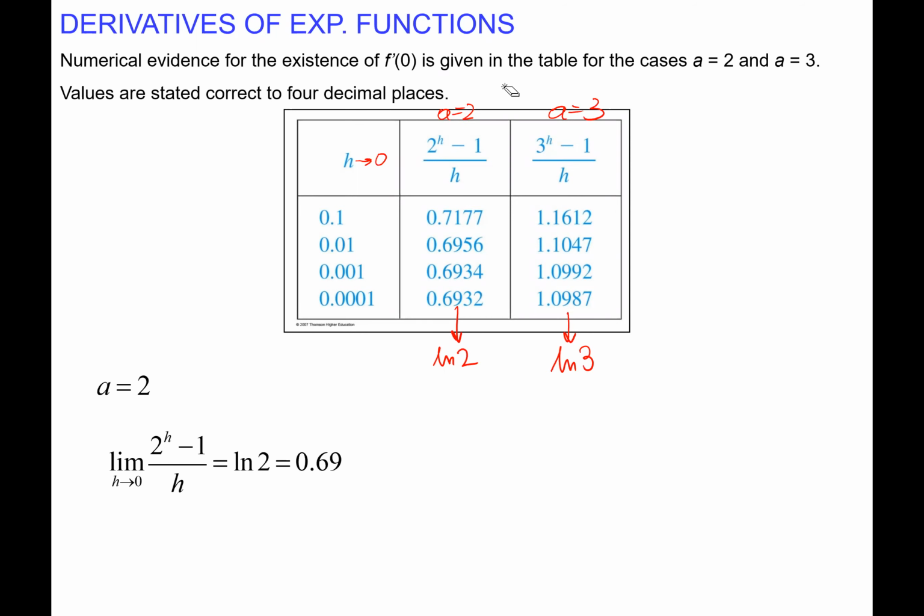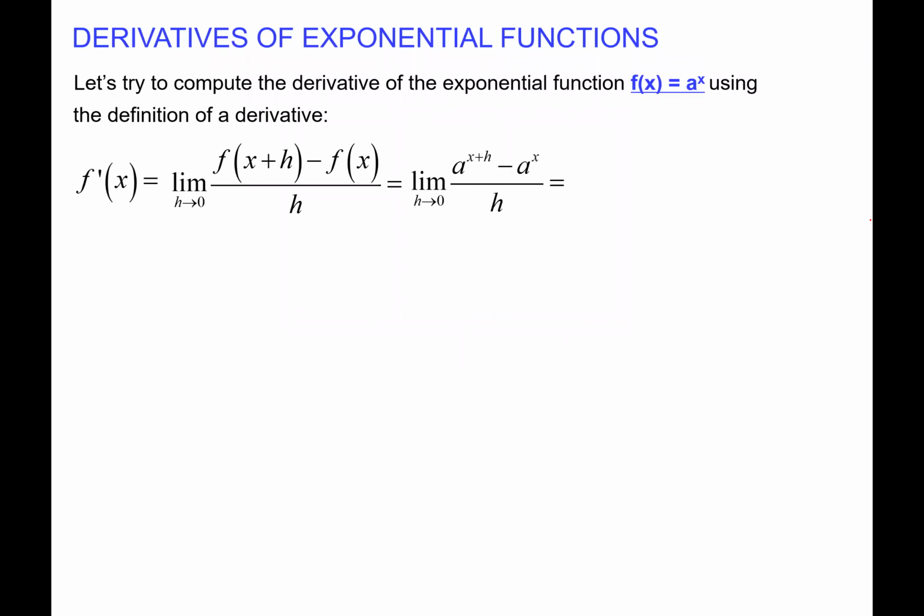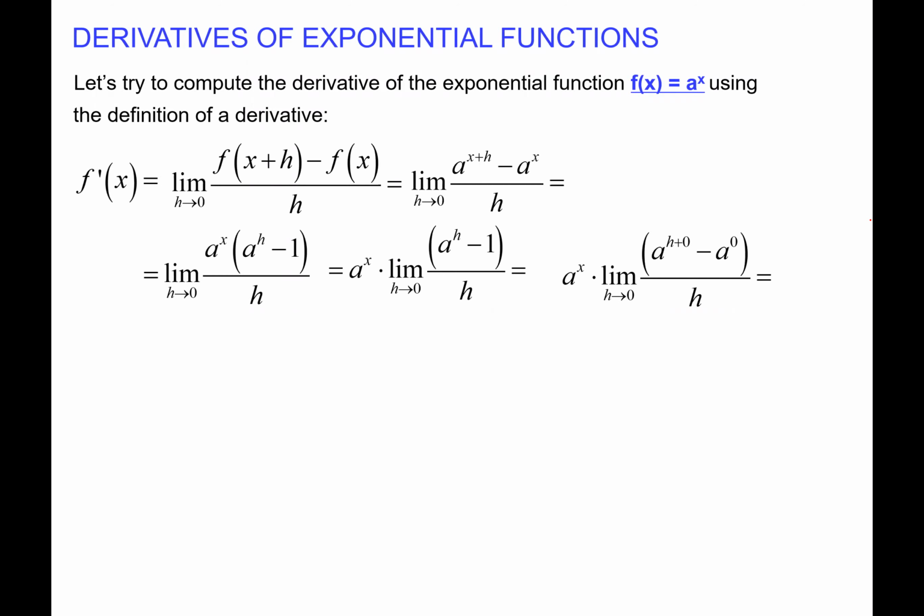And actually, that's how it works. That means I can say that the value of this derivative at 0 will be simply ln of a. Okay, and we can come back. This is the same thing that I had on my original slide.